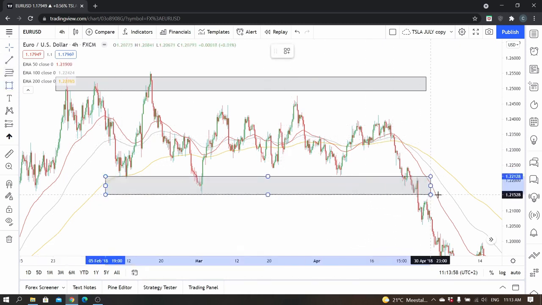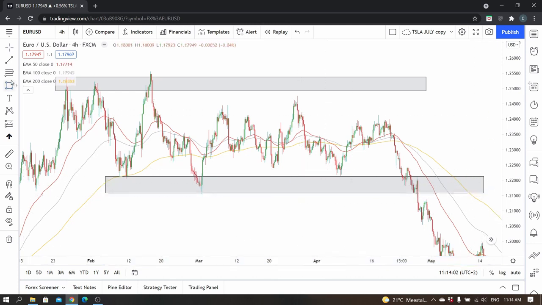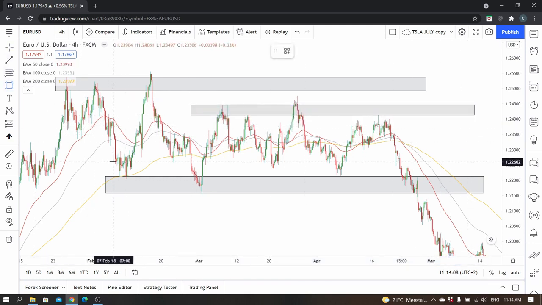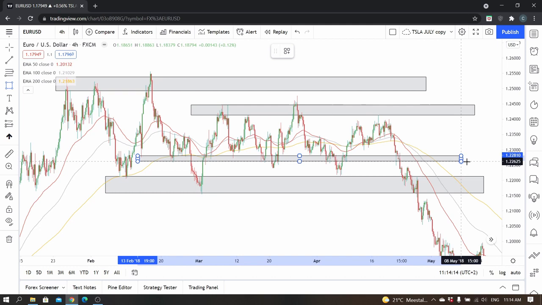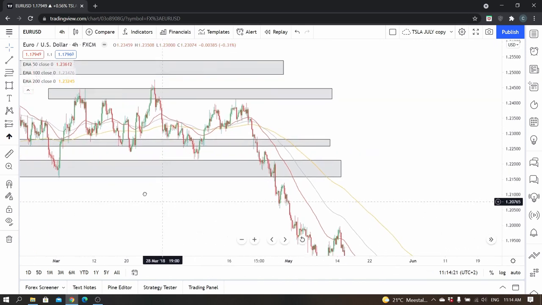And then actually drawing these areas, let's draw some in the middle as well, right here, and even right here. This seems pretty strong. As you can see, a lot of support has been found throughout this whole consolidation.